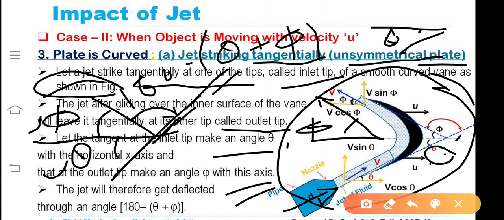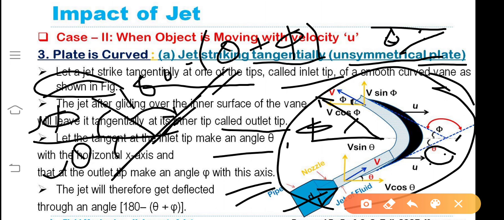Irrespective of those, we are using inlet and outlet velocity triangles, without which no numerical problems, no derivation can be done. That's why we will understand the concept of the construction of velocity triangles with various parameters. Very simple, very easy. Just at the beginning it seems to be very difficult because of so many parameters, as you can see from this figure itself.